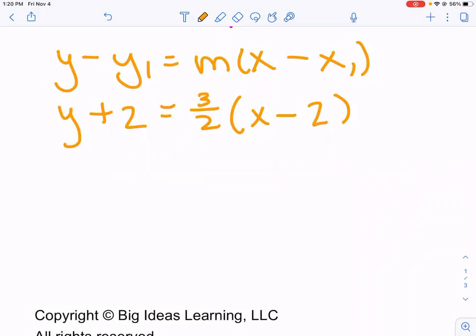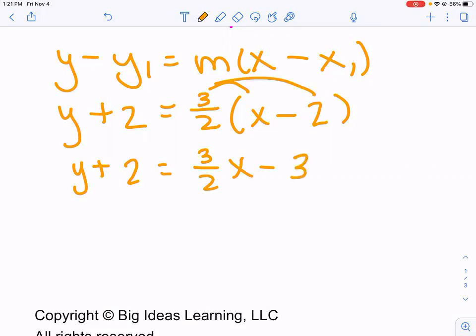So instead of writing y minus -2, are you okay that I just went straight to y plus 2? Yeah. Okay, so now watch. I'm going to distribute and I get 3/2 x minus, what is 3/2 times 2? Yeah, that time it's 3.